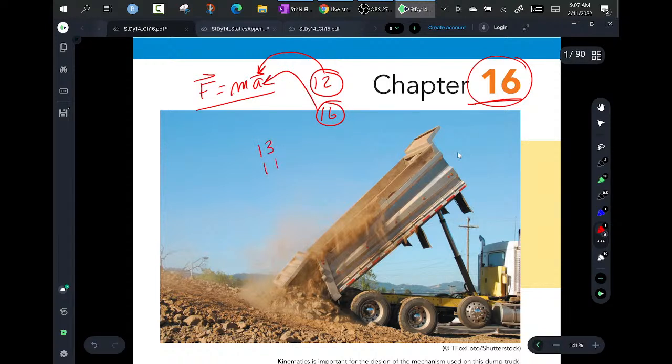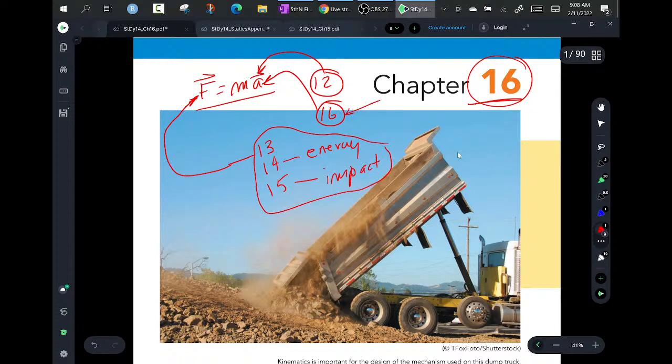Then 13, 14, and 15 deal with, 13 deals with this side of it, 14 deals with energy, and this deals with impact. So I'm going to go straight to 16 and finish everything here.